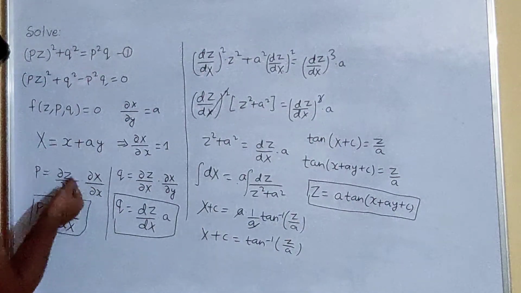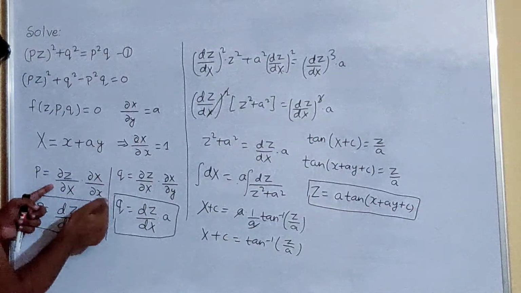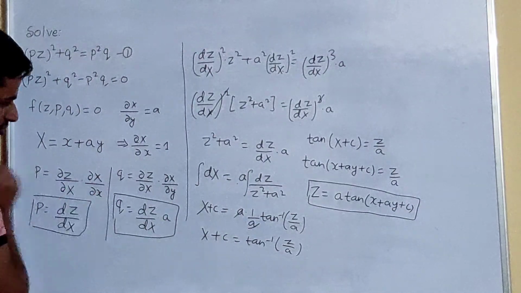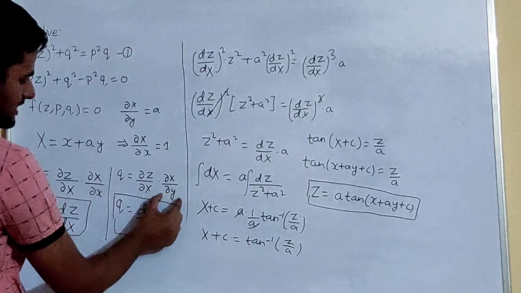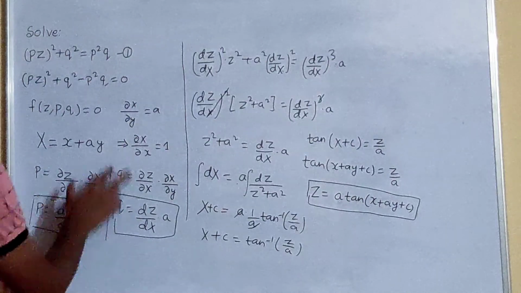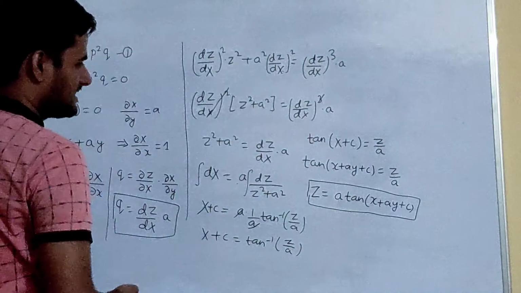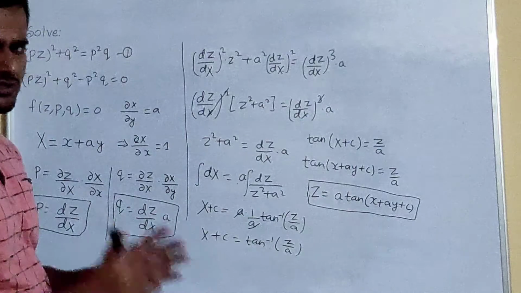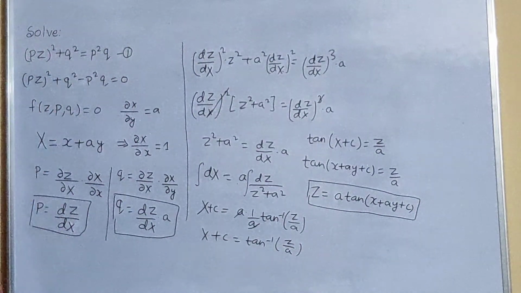Because z was a function of capital X, del z by del x first, then capital X was further a function of x and y, so the partial derivative of capital X with respect to small x, and here the partial derivative of capital X with respect to y. Then I put the values of p and q back in equation number 1, got this, and cancelled (dz by dX) whole square from both sides. Normal integration, and I got the final answer. So I hope you understood something at least from this question, how to solve problems of this type.